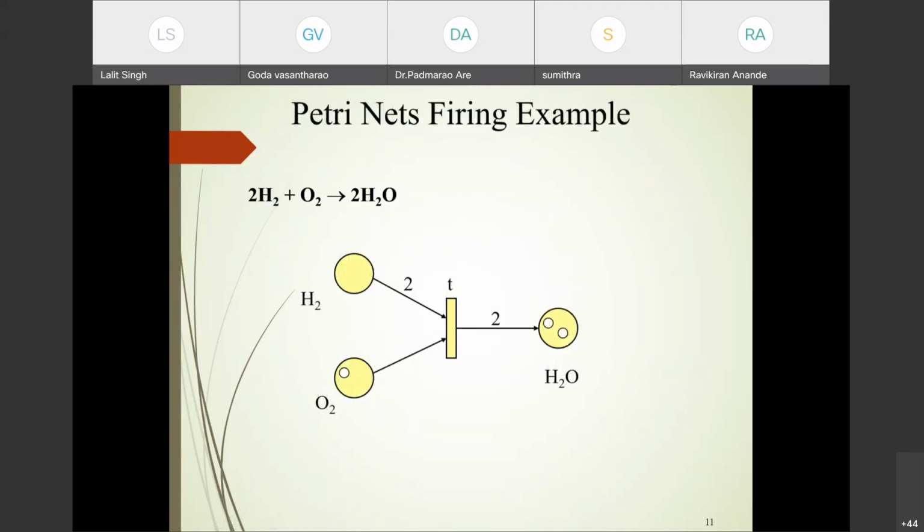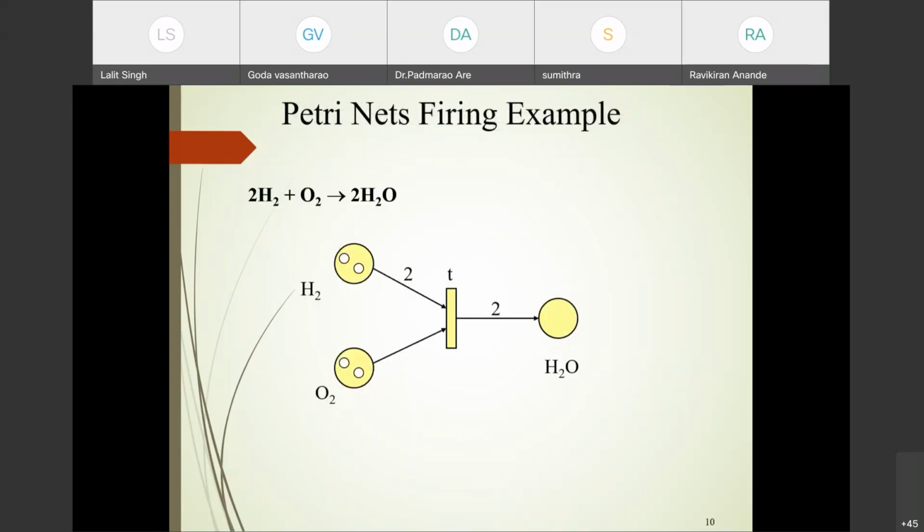Now with this, I would like to introduce the concept of a reachability graph. A reachability graph is basically just a graph of the total possible number of states that will occur during the operational life of the system. So for example, in this case, the first state is 2, 2, 0.